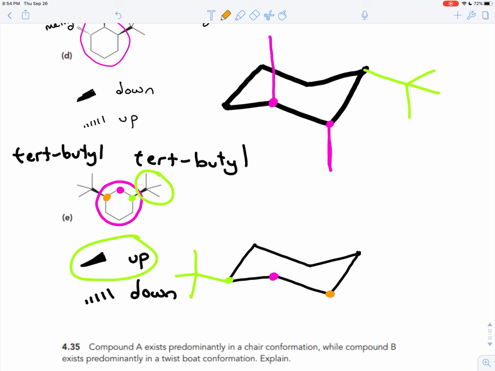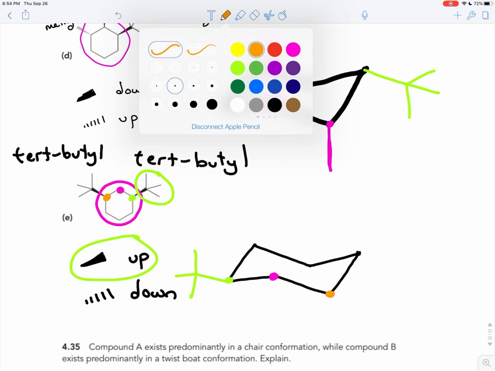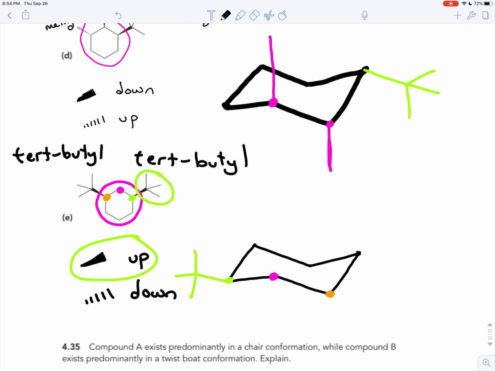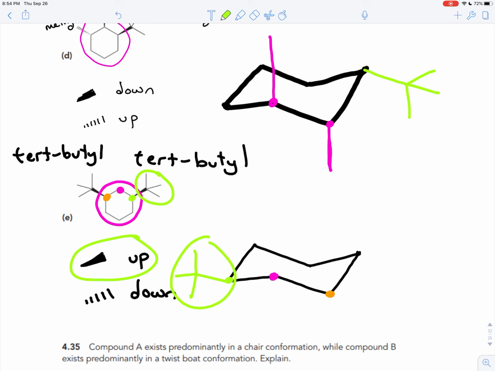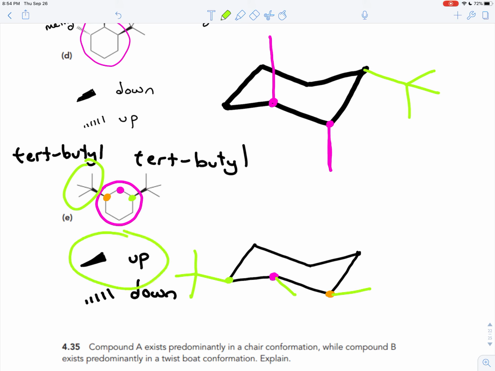Okay, so we want a tert-butyl group coming off of that orange carbon. Now, if this is equatorial going up, then this is going to be equatorial going down, and this will be equatorial going up. So in that orange carbon, we have equatorial going up, and we want the other branch to be going up because it has that solid wedge, which we decided at the beginning we were going to assign up.